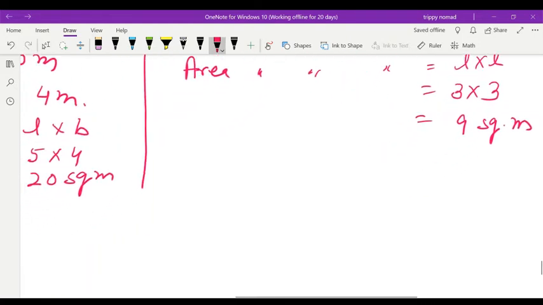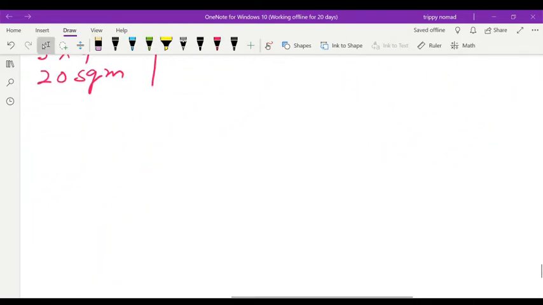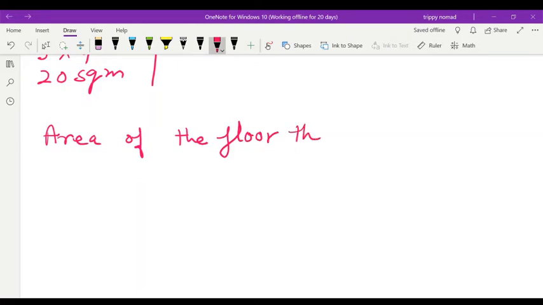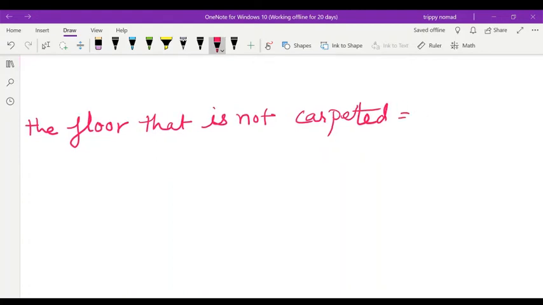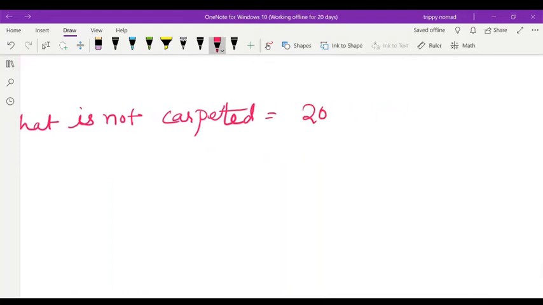Then area of the floor that is not carpeted. I am explaining why we have to subtract. Okay, that is 20 minus 9 is equal to 11 square meter.